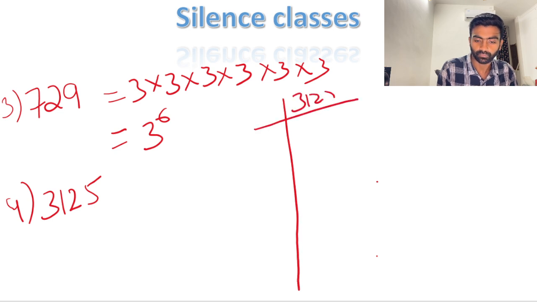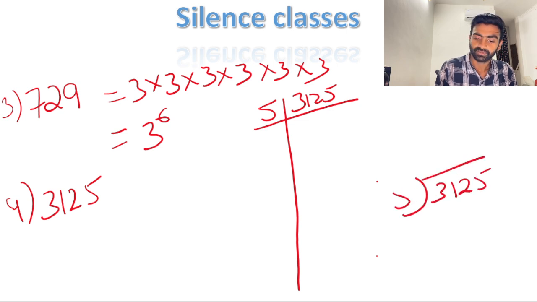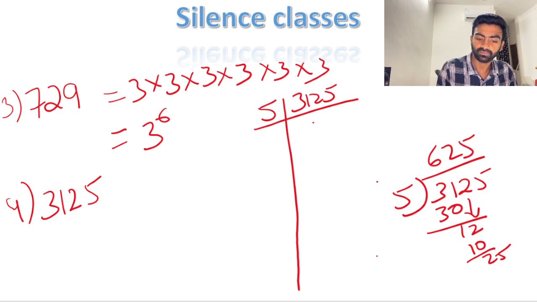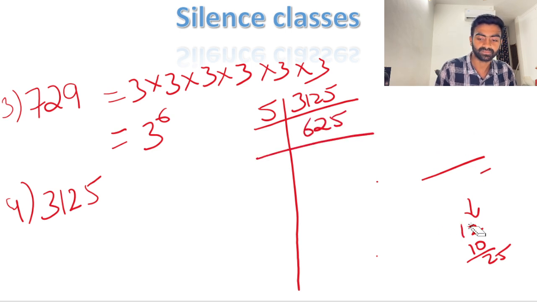3125. We will divide 3125. 5 sixes are 30. 5 twos are 10. 5 fives are 25. 625 is the answer.